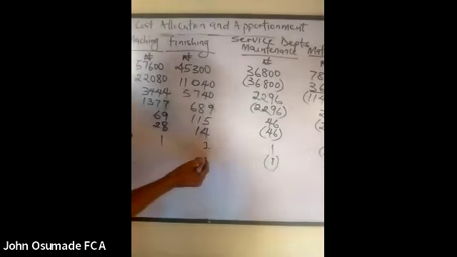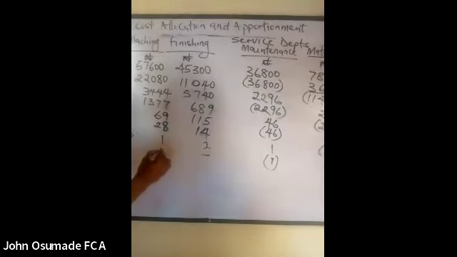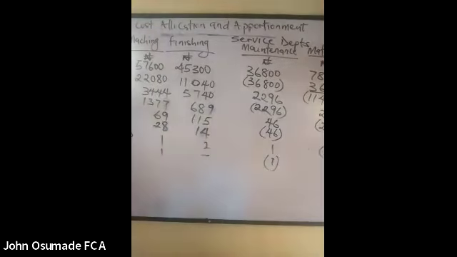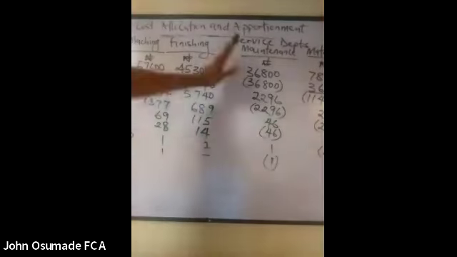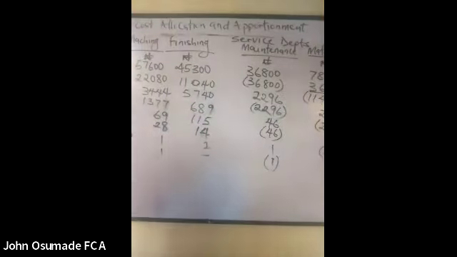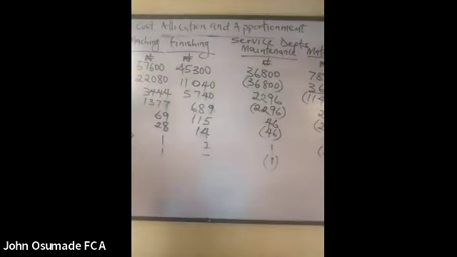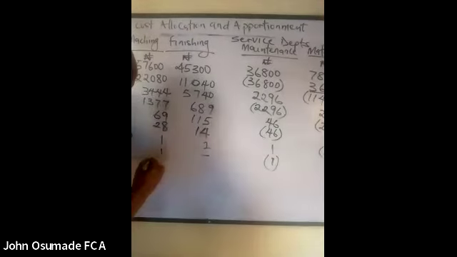And we are not using 0.3. Then the 1 will give it to machine, which is 60%. Are we true? Yes. This one has become 0.